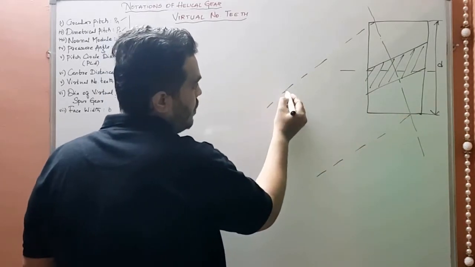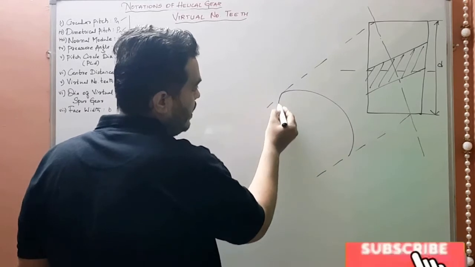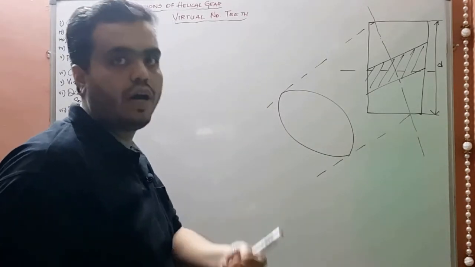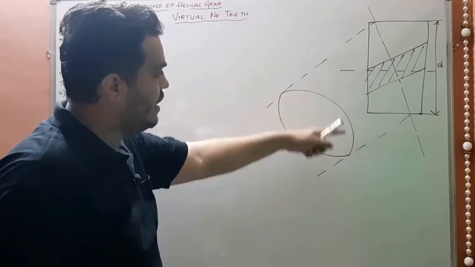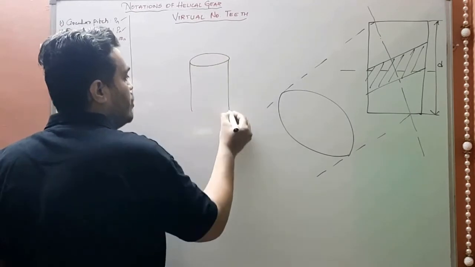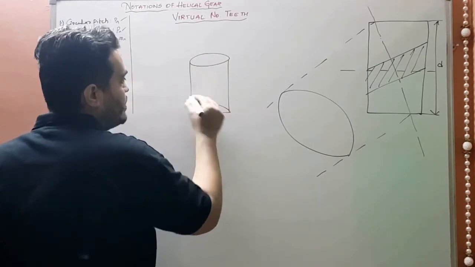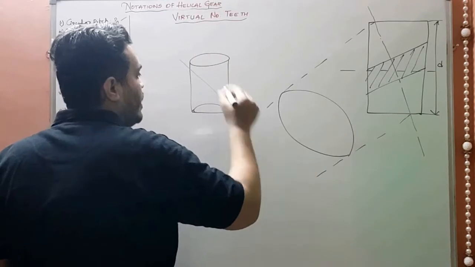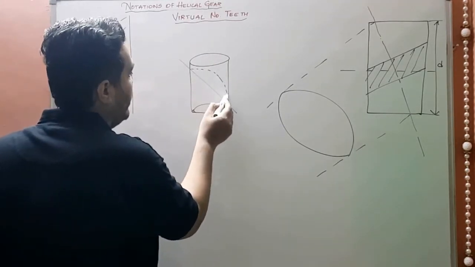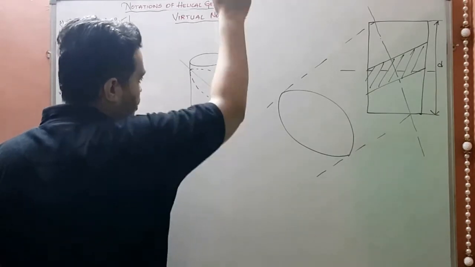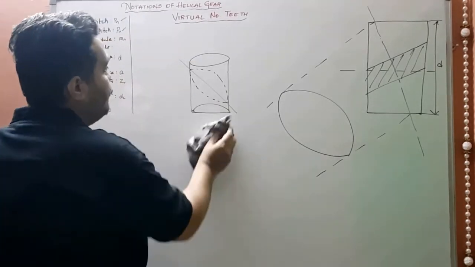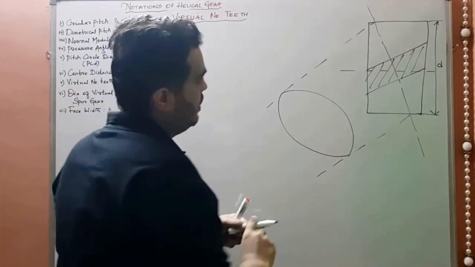Once you cut a cylinder at some inclined angle, you will get an elliptical shape. You have learned this in your machine drawing. When you observe that from the top view, got it? The same way I have sectioned it.